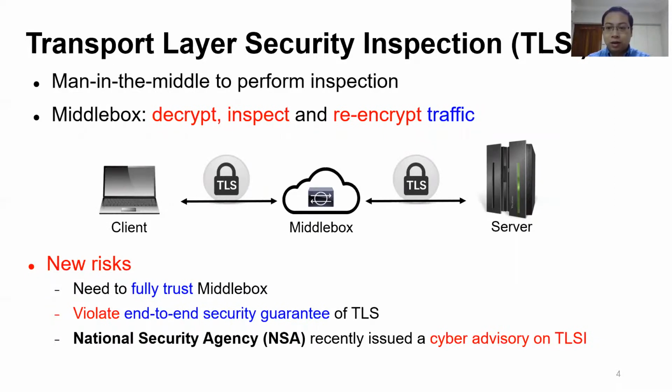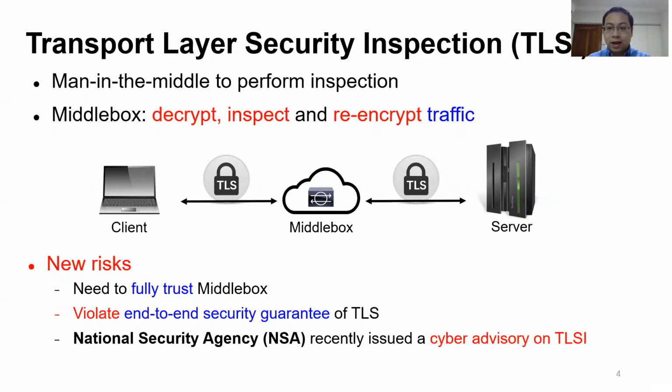It enables the Middlebox to decrypt and re-encrypt every piece of traffic passing through an organization's network. By doing so, the Middlebox is now able to perform inspection. Note that to do this, either the client or the server is made aware that it is being inspected.